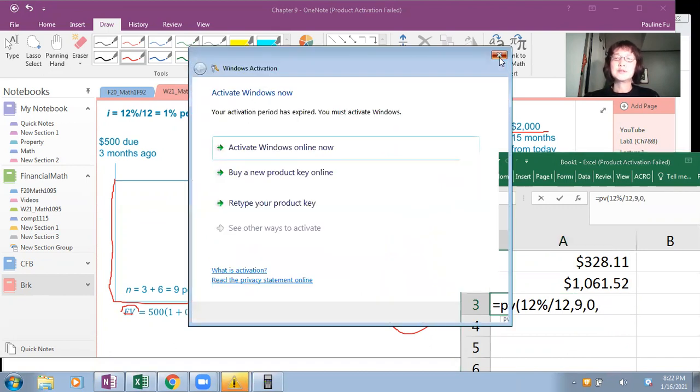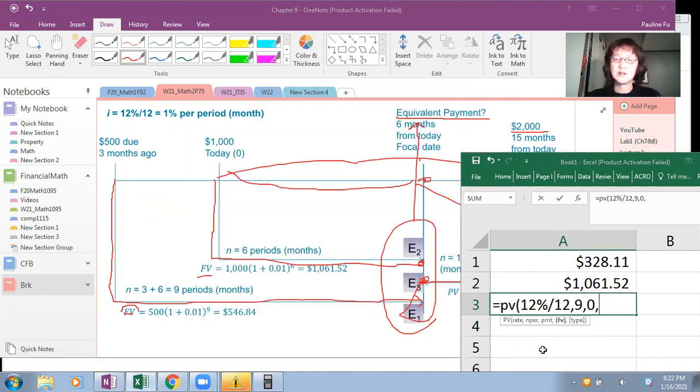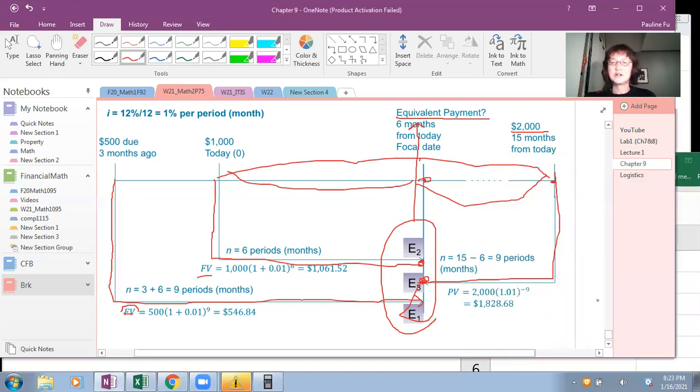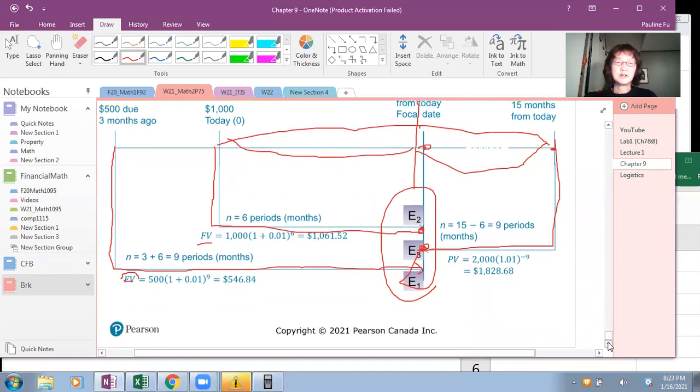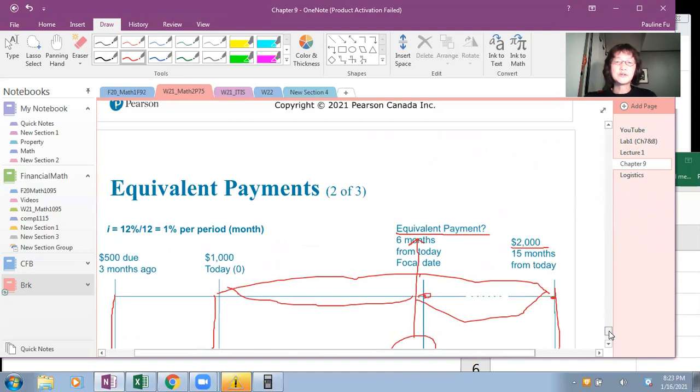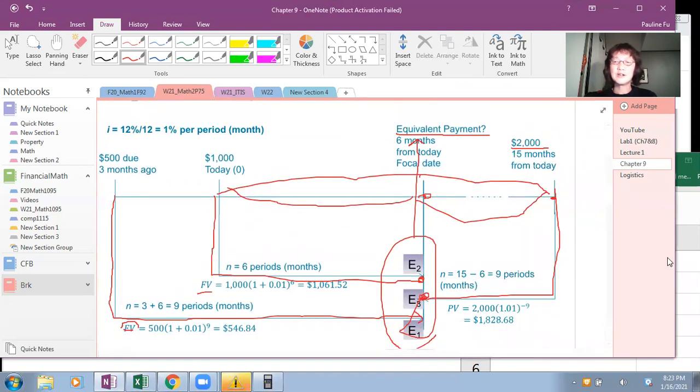Oops, future value is 2000. I will give it negative 2000 because I want a positive result. So I get E3. Finally, you add all these three numbers, and this is the final answer. I don't have the solution, but I'm pretty sure. Okay, that is the answer.